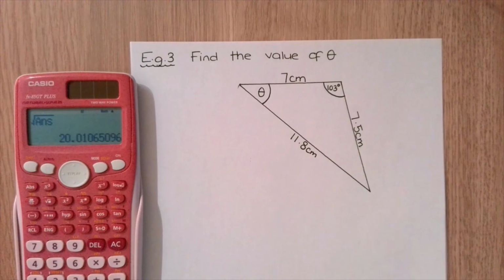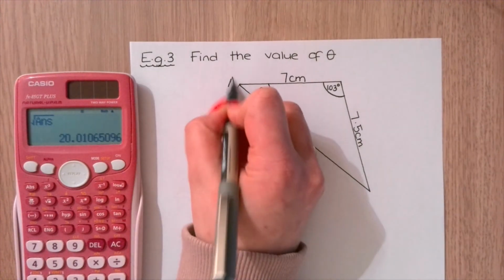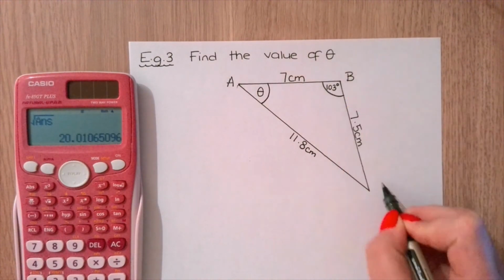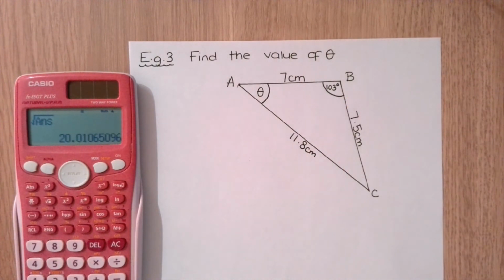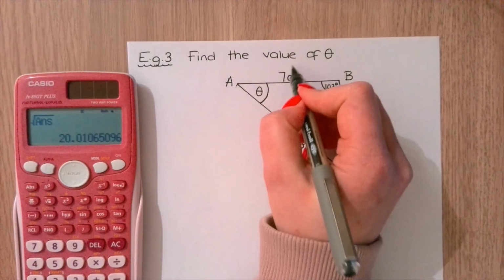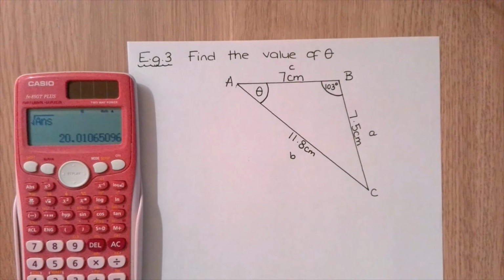And finally, in this example, again, nothing is labelled, so I'm going to label it. I'm going to label the angle that I'm looking for A, the other angle that I know B, and therefore the final angle I'm going to label C. Label my lowercase letters: this is lowercase a, lowercase b, and lowercase c.